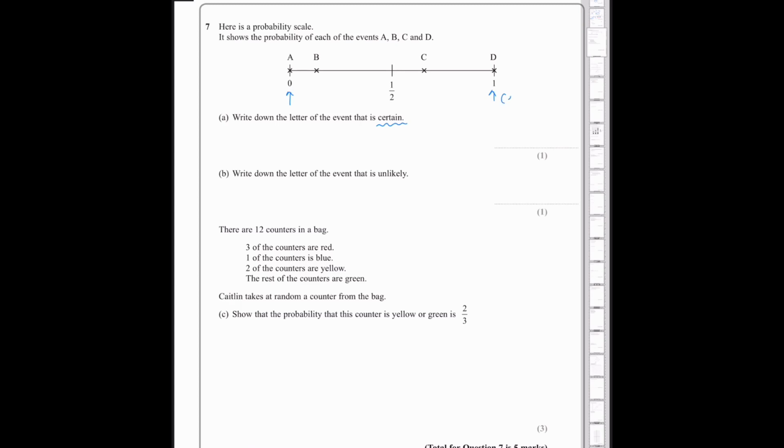So if 1 is certain, there's D, so it's got to be D. Then it says to write down the letter of the event that is unlikely. Unlikely is quite close to impossible, but it's not quite impossible, so I'd say B. That was quite easy, that one.